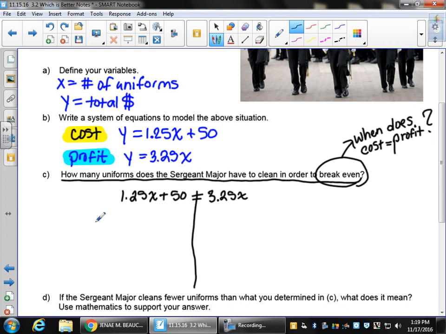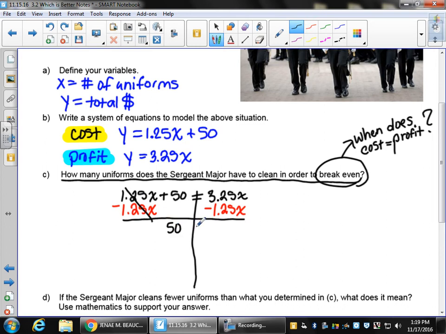Remember, we have a goal of gathering all of our X terms to one side and numbers to the other. Out of habit, we traditionally gather X to the left side, but notice this 3.25X on the right. X is already almost by itself on this side. So we'll choose to actually subtract $1.25X from both sides.